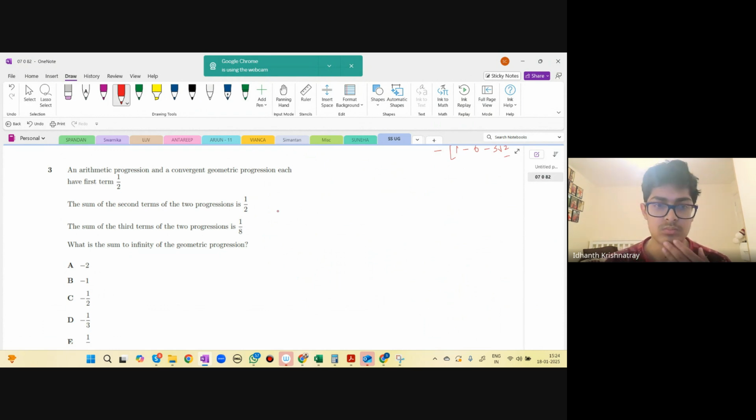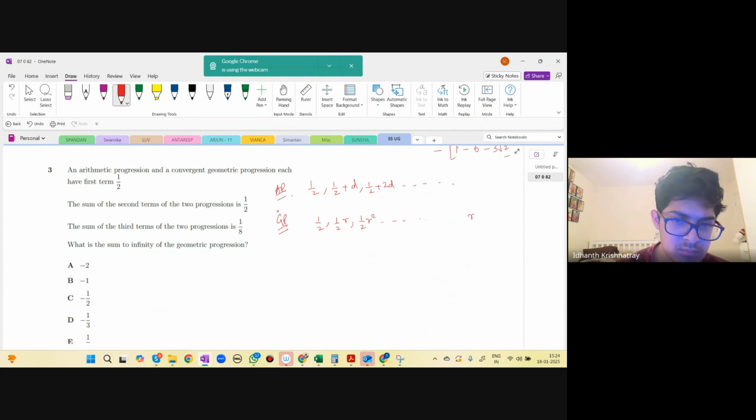So let the AP be half plus D, half plus 2D, etc. This is my AP. And let the GP be half, half into R, half into R square, etc. Since it's convergent, R has to be less than 1 and greater than 0.